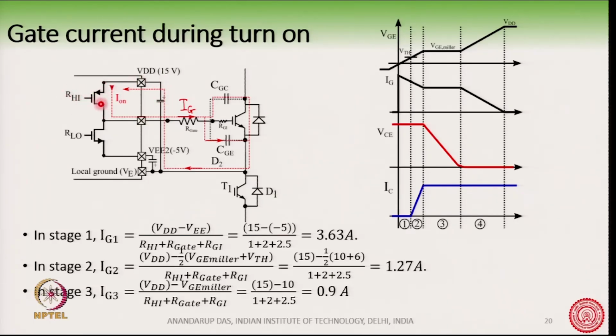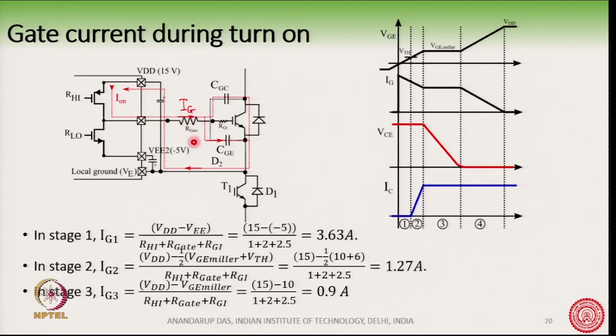when this MOSFET is turned on, we can assume that there is an on state resistance R high. When this MOSFET turns on, then this is an R low resistance. So, you see here this is the 15 volt VDD, and then there is an R high, and then there is an R gate.